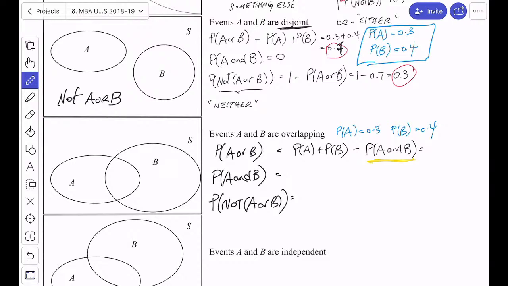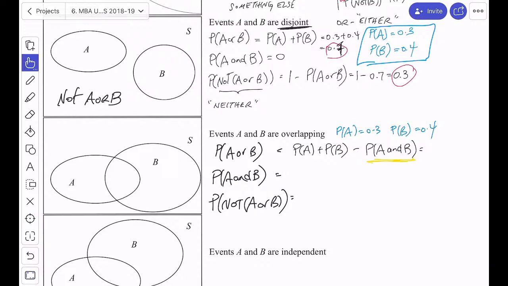No comment? Okay. Well, I do not. With this information given, I have no way of knowing the chance of A and B happening. I would need additional information to calculate this.